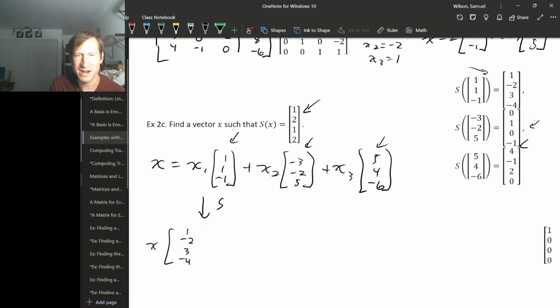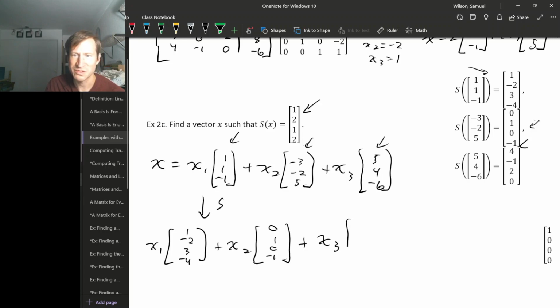Well, actually, let me write it out. So x1 times this plus x2 times the second output, 0, 1, 0, minus 1, plus x3 times the last output, 4, minus 1, 2, 0. And we want this to be equal to 1, 2, 1, 2.